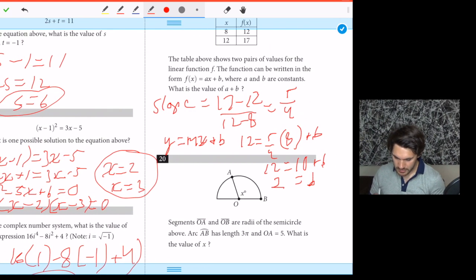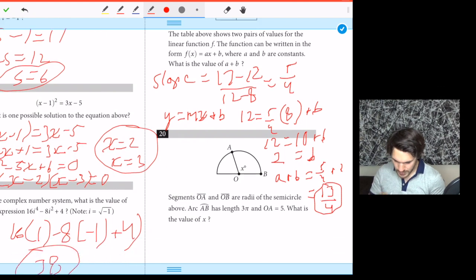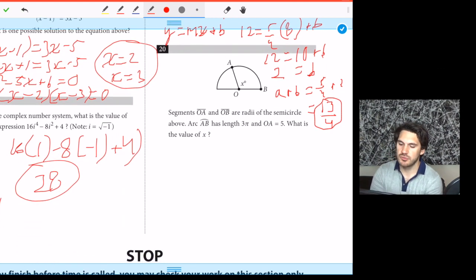So a plus b is 5 over 4 plus 2. 2 is the same thing as 8 over 4. So our answer is going to be 5 over 4 plus 8 over 4, which is 13 over 4. Let me make that clear. So 13 over 4.